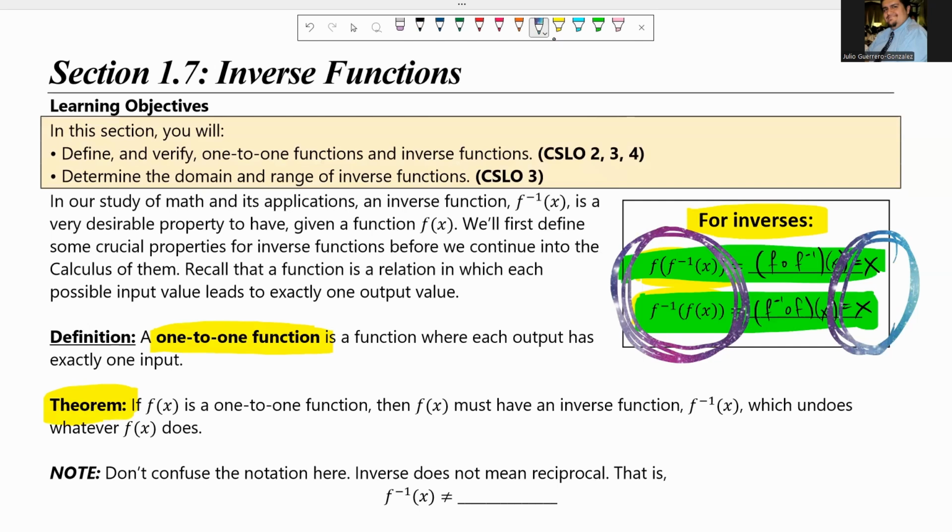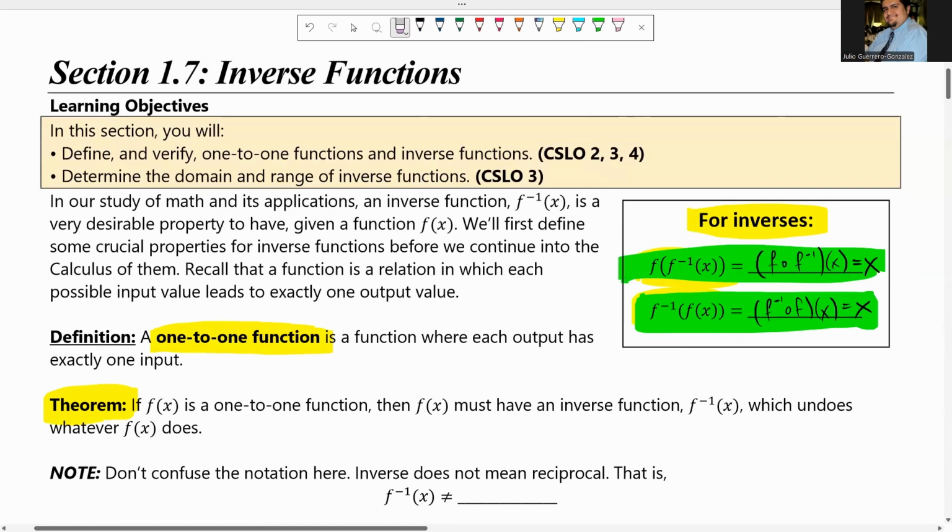I can grab an x value, plug it into my function, grab that output, put it into my inverse, and I get my value x back. Essentially what this is saying is if f of x does something, then f inverse undoes it.